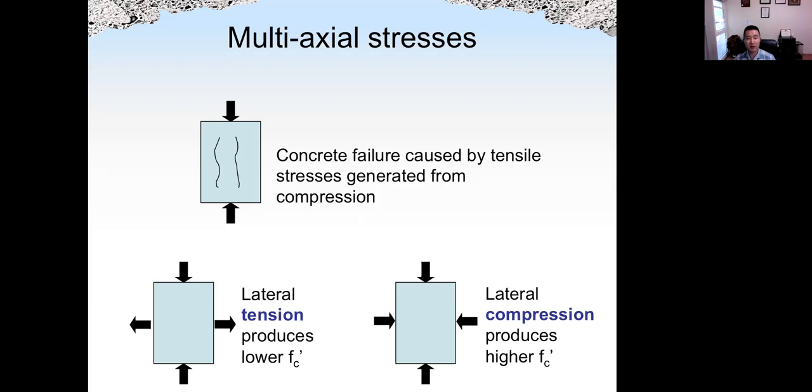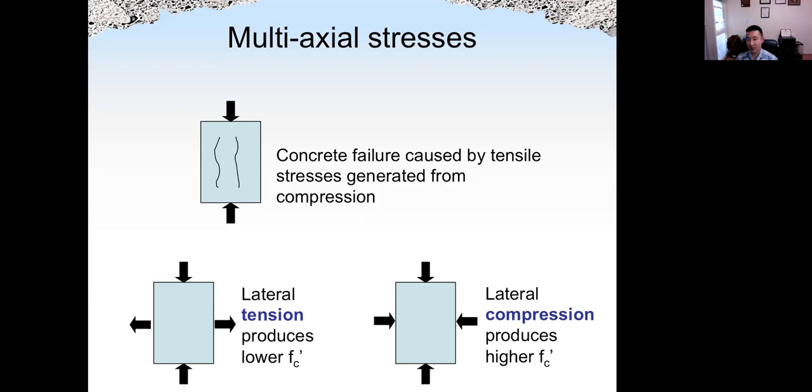If the concrete is under multiple axial stress, okay, for example, we have lateral tension, that will cause the concrete to crack earlier. As a result, the f'c will be lower. If the lateral is compression, that will reduce or offset the tensile stress caused by the compression in the vertical direction.